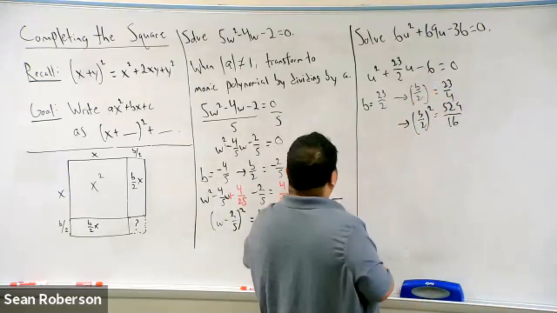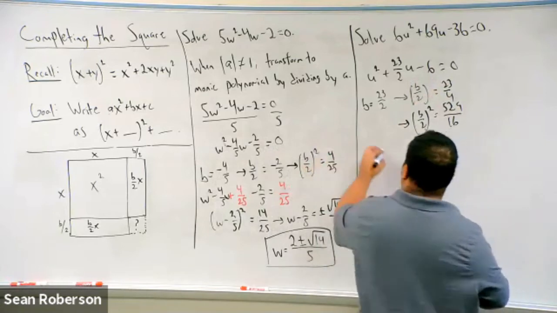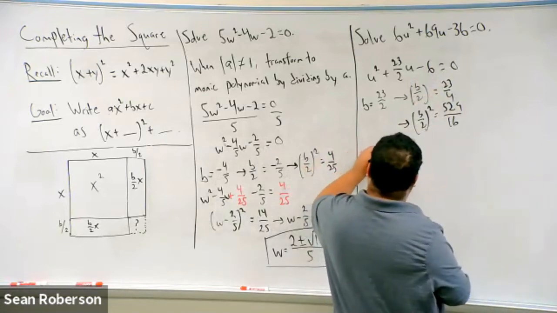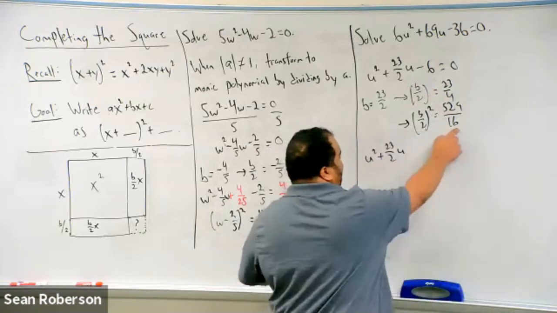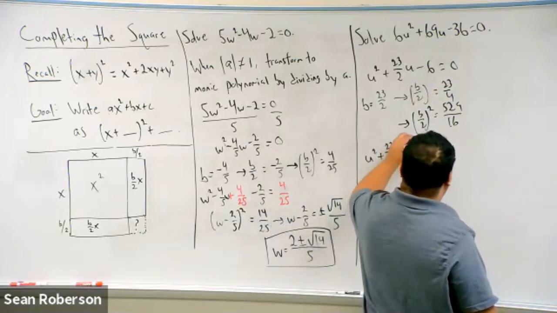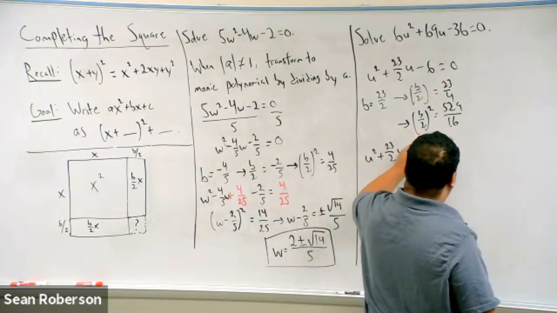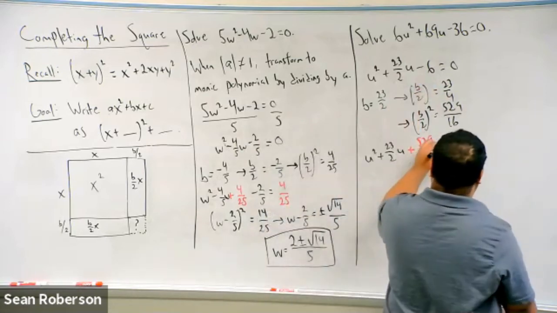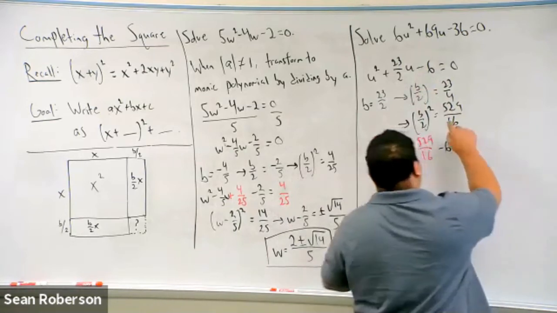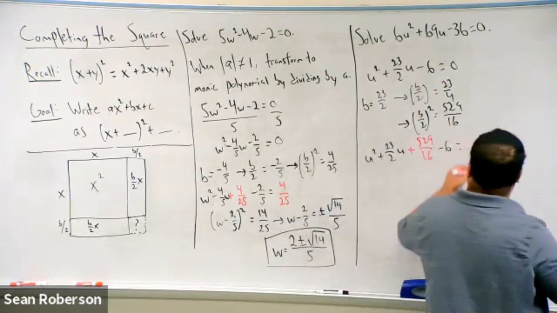So I'll do the same process that I did here on the other side. We have u squared plus 23 over 2u. Now I'm going to add this plus 529 over 16 with the leftover minus 6 equals, now I'm going to add this 529 over 16.